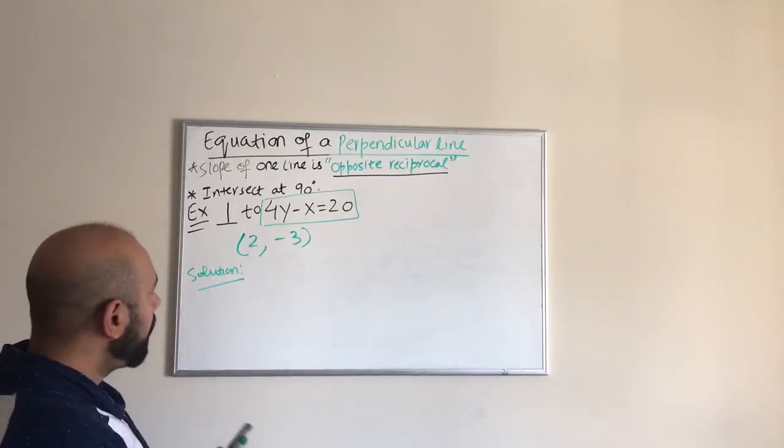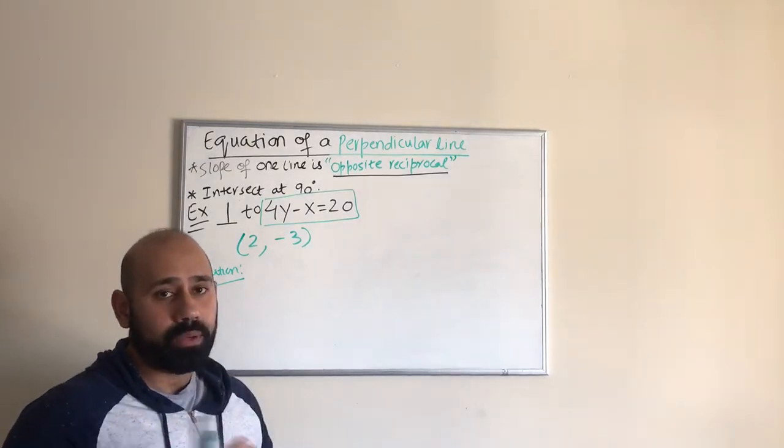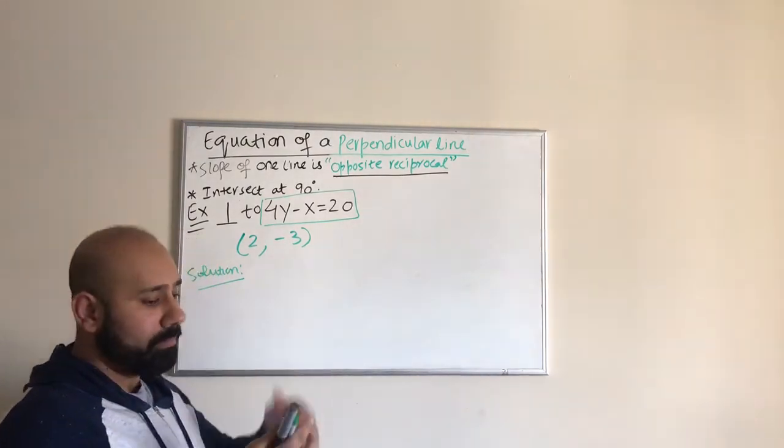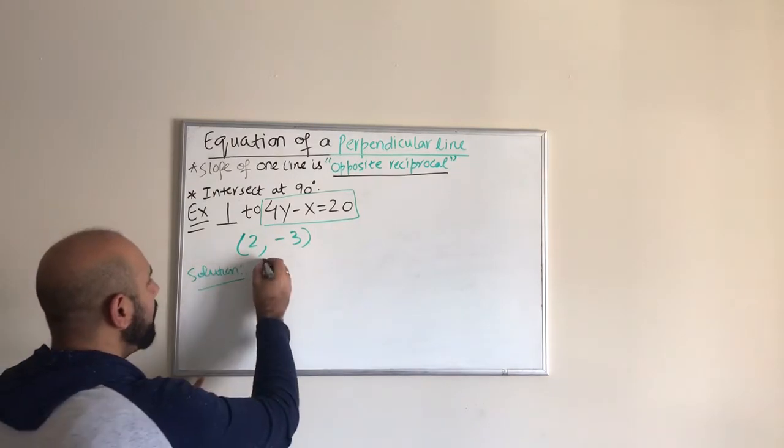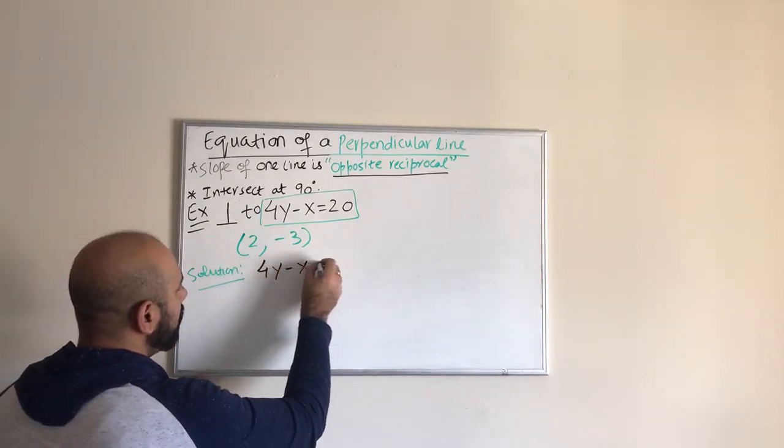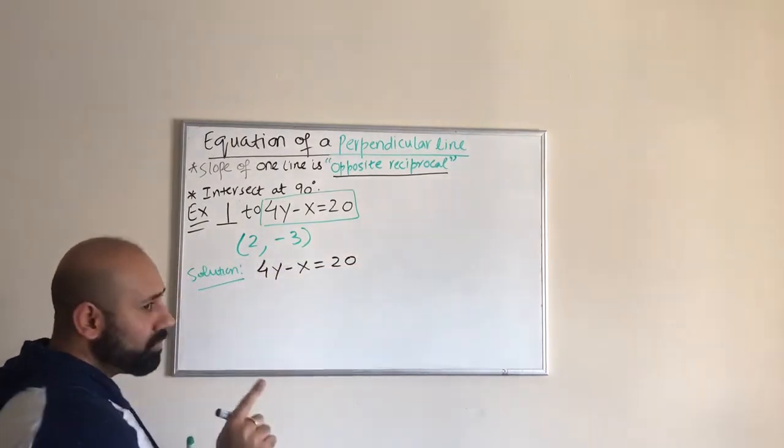Now again, what do we need first? First, we need to evaluate the slope of this given line. So let's rewrite this line, 4y minus x equals 20. We already know how to find the slope.